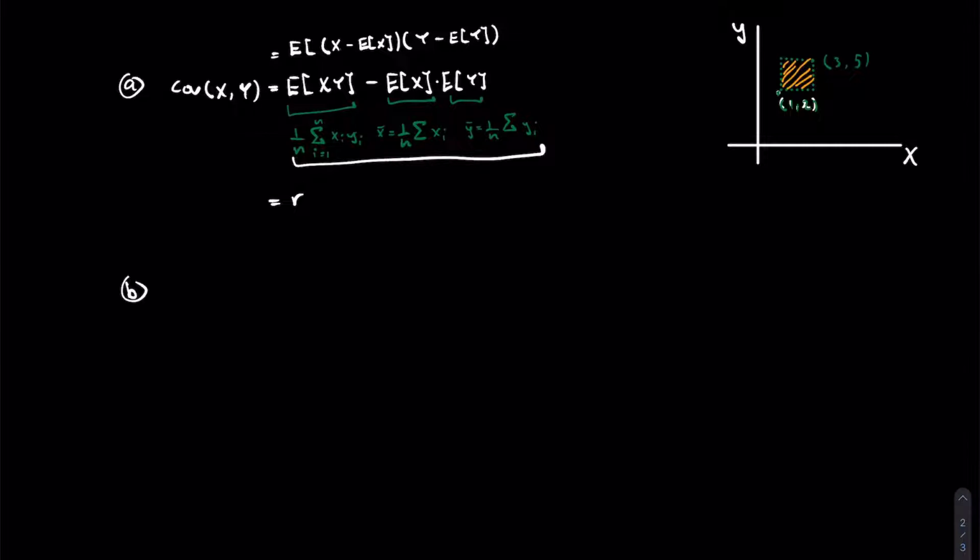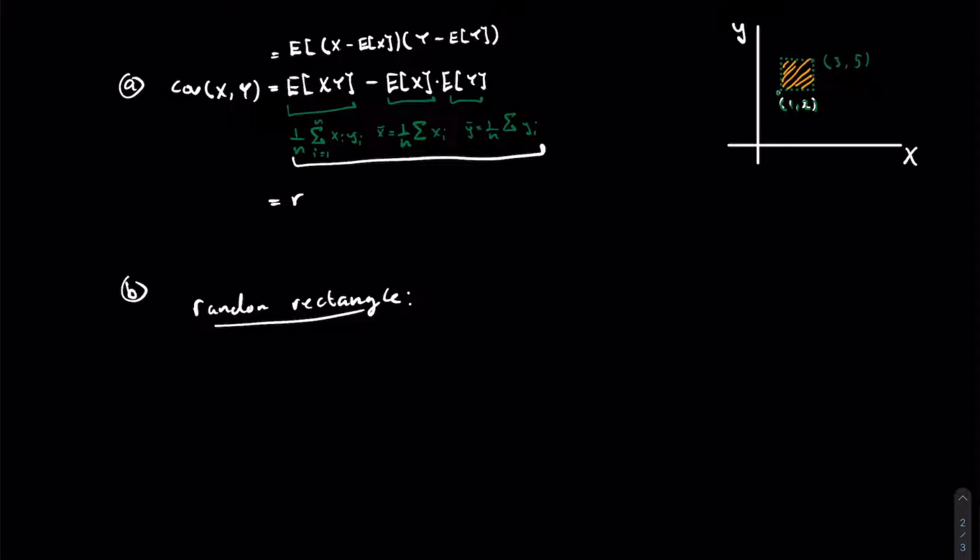So let's start with the first one. So let's look at the random rectangle perspective first. So, well, what does that mean?